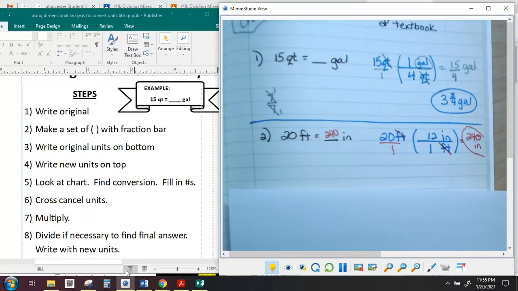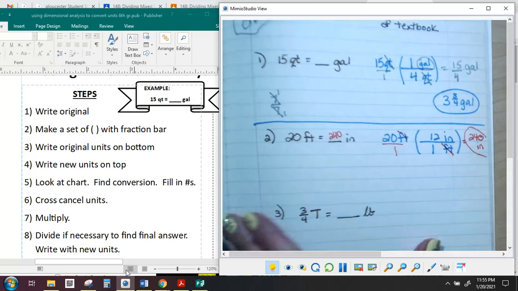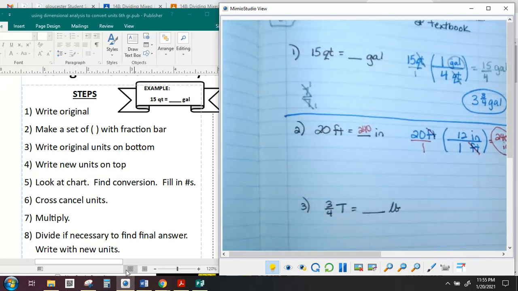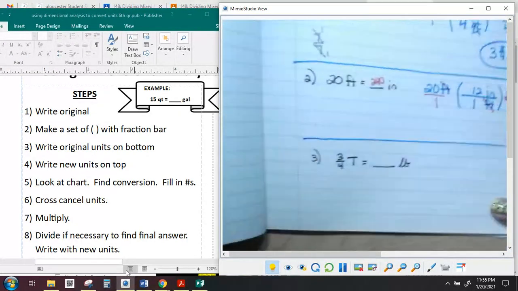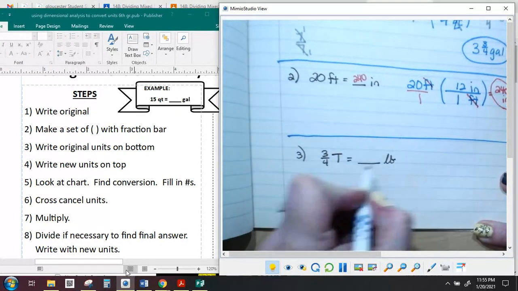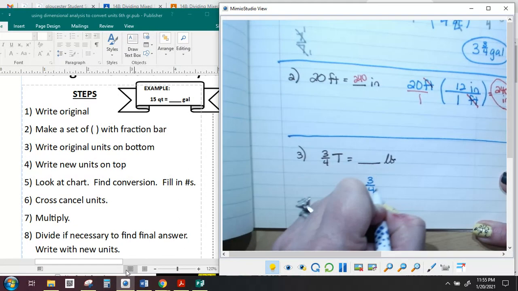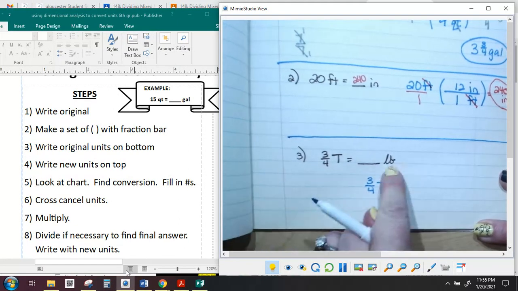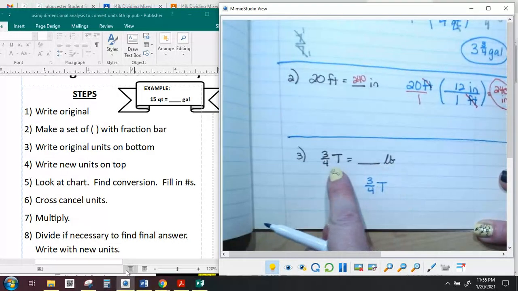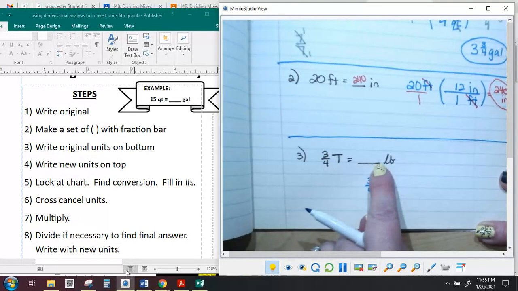Let's do one more. Following the same steps. Oh, this one starts with a fraction. It's all right, we got it. Step 1, write the original. 3/4 ton. This is LB for pounds. So 3/4 of a ton is how many pounds?